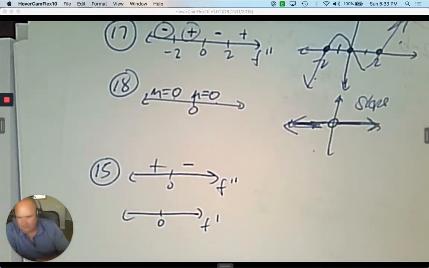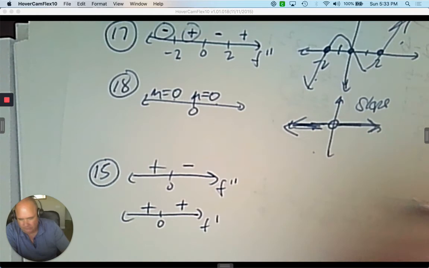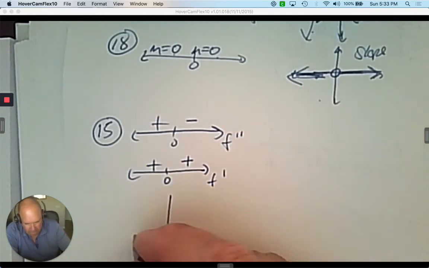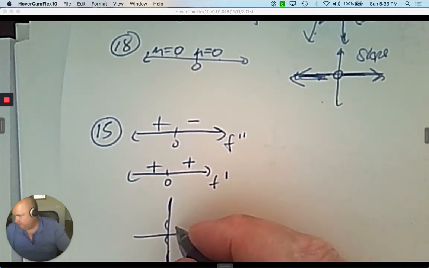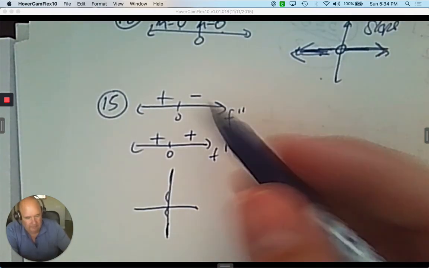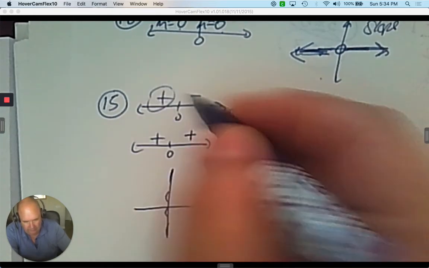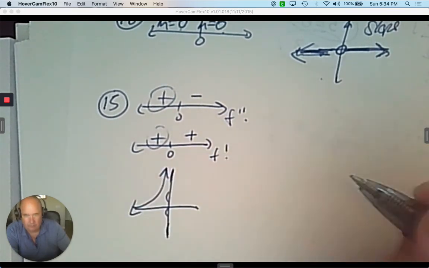Now I'm looking for increasing. I'm looking for above or below, right? So both are above on both sides. What could be a possible graph of this? It's going to have an asymptote. For the second derivative and the first derivative, it's concave up and increasing.